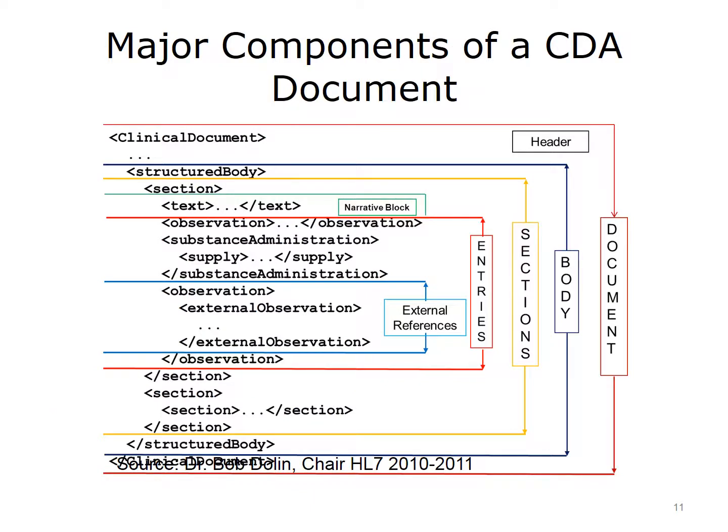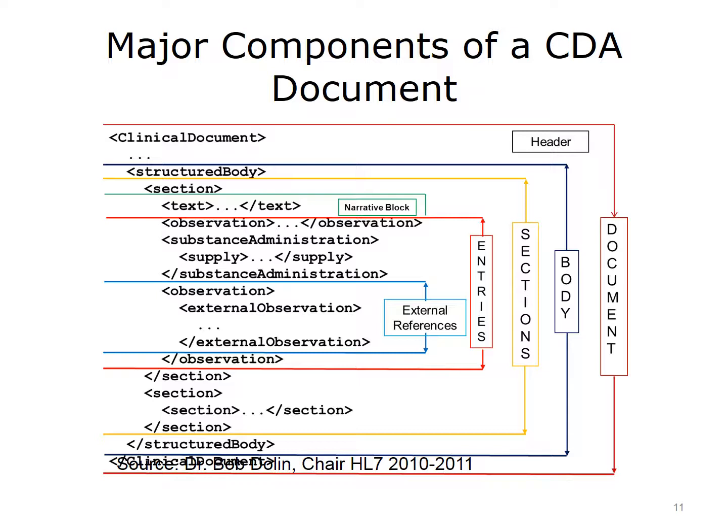Slide 11. This slide shows a graphic of a complete CDA. Note the sections of document, header, body, section, entries, and external references. The header will be discussed in detail in the next slide. Body. The body contains the clinical report and can be either an unstructured blob or can be comprised of structured markup.